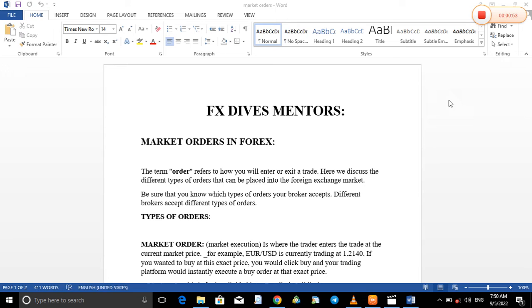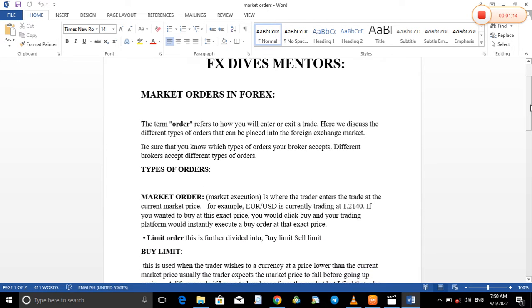Now today's topic, like I've told you before, I'm going to be explaining about market orders. The term order refers to how you will enter or exit a trade. Here we discuss the different types of orders that can be placed into the foreign exchange market. Now the term order means how a trader is going to enter or exit a certain trade.